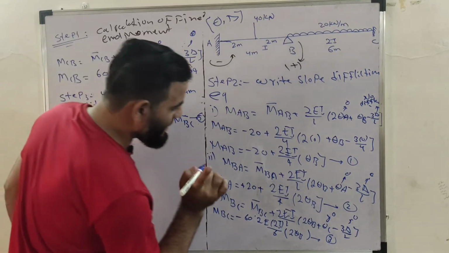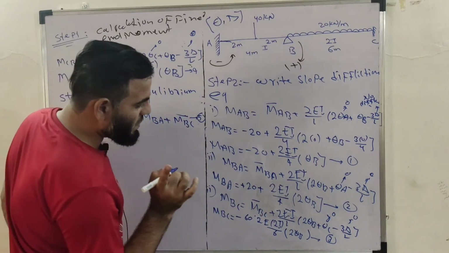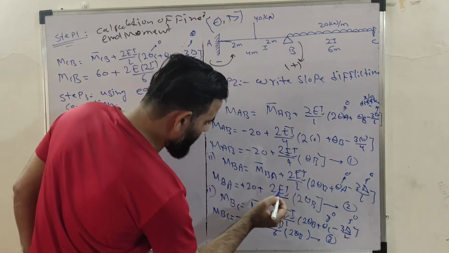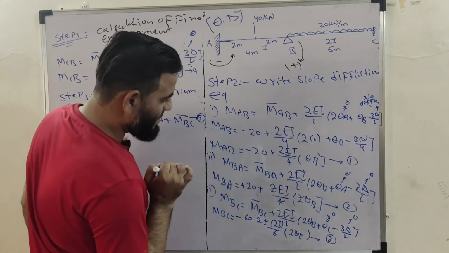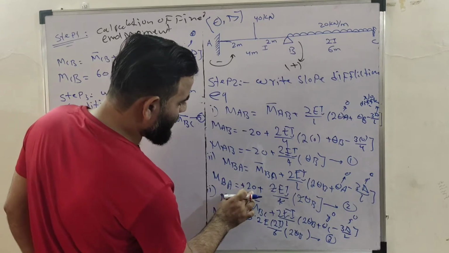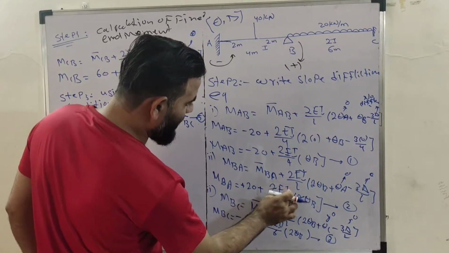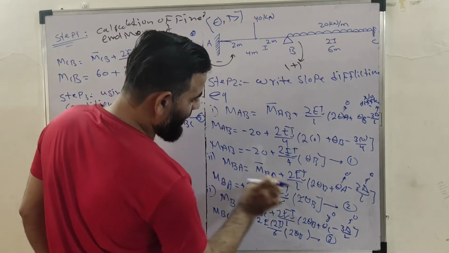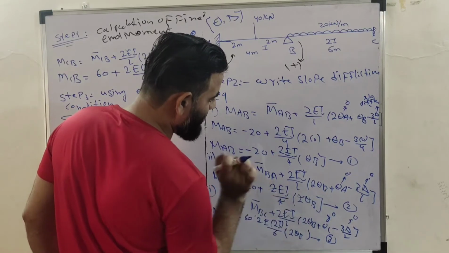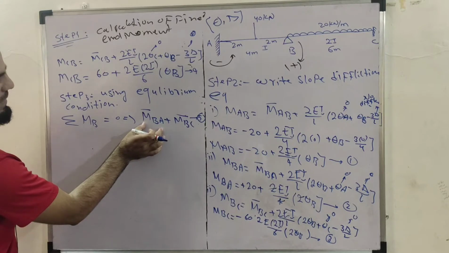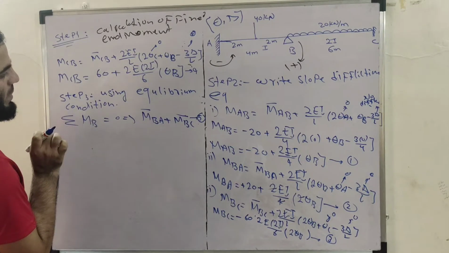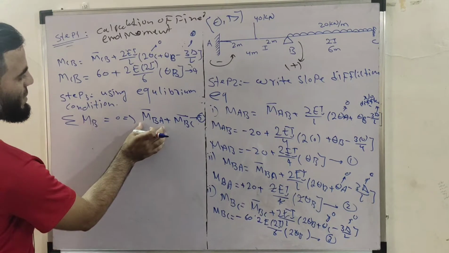Now let's do something. This 2 4, this is cancelled. What is the equation? 20 into EI by EI into theta B. Now moment of BA fixed, the equation is this one.